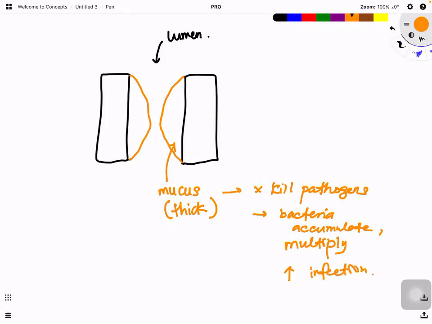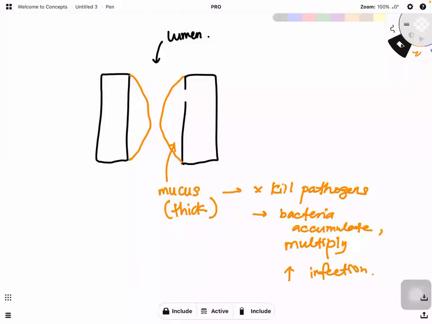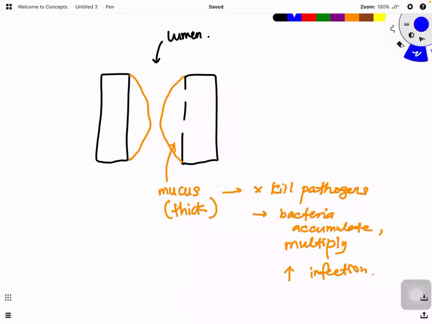So in order to remove this mucus, we have in our cells special channel proteins called CFTR, the cystic fibrosis transmembrane conductance regulator protein. CFTR allows the chloride ion to diffuse from the cells into the mucus layer.